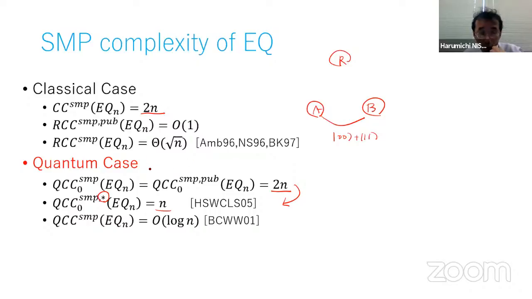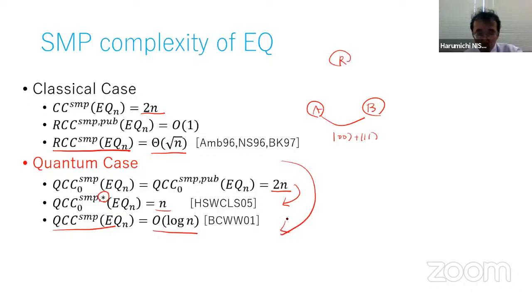And the most surprising difference is between the randomized case and the quantum case with no public randomness. As mentioned above, the classical case is square root n. But the quantum case is order log n, just order log n.